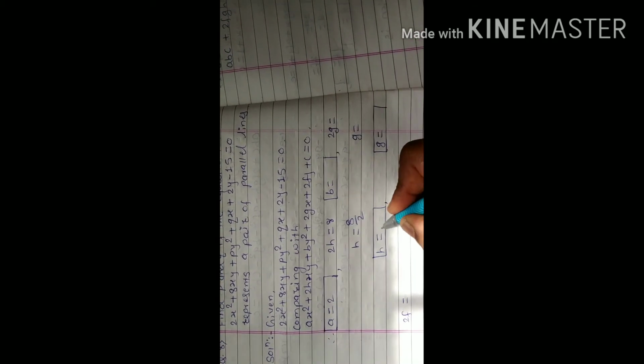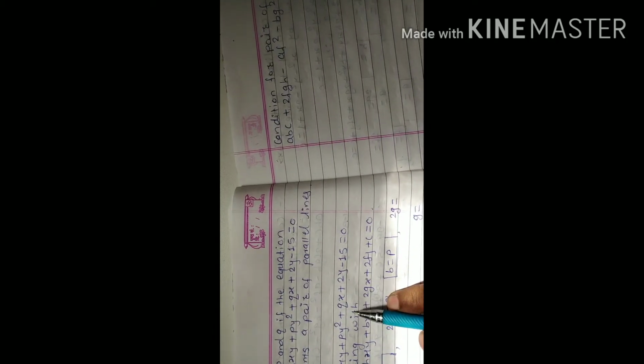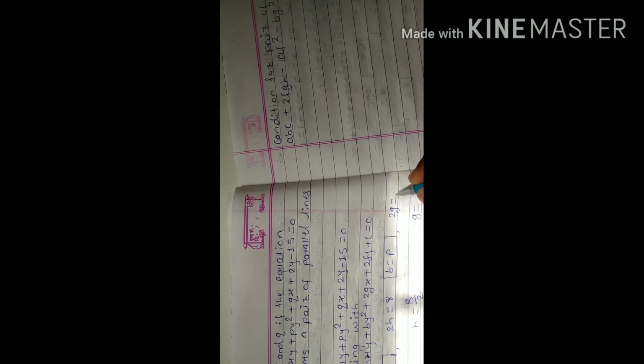Therefore, we get the value of h is equal to 4. b is equal to coefficient of y square, that is here p. And 2g is equal to coefficient of x, that is q. 2g is equal to q. g is equal to q divided by 2.